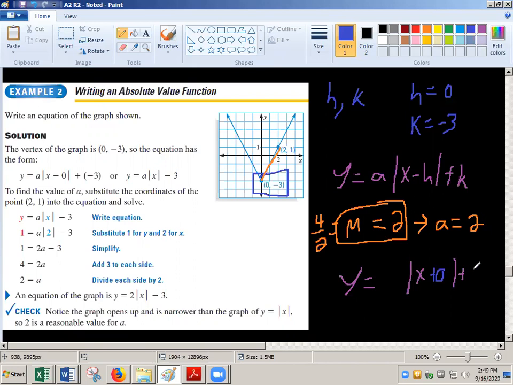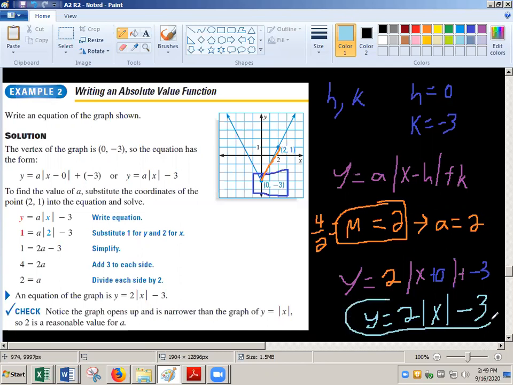It would just look like x. I'm going to write out the final answer in a second. Here I get plus -3. Again, we don't typically write that. And then I'm going to throw my 2 out in front. In terms of a simplified answer, it should look like y equals 2 times absolute value of x, minus 3. And we are good to go.